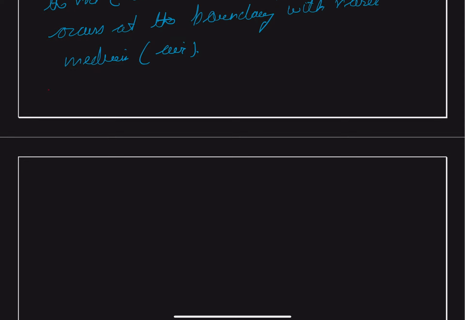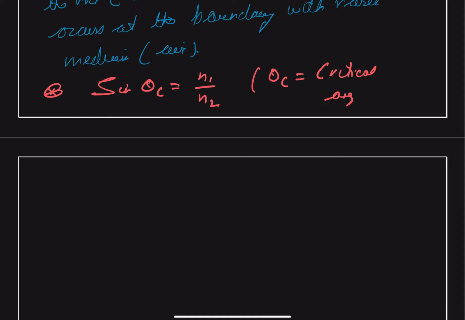And we know that sine of theta c, that is the critical angle, is equal to n1 upon n2. Okay. So here theta c is our critical angle.